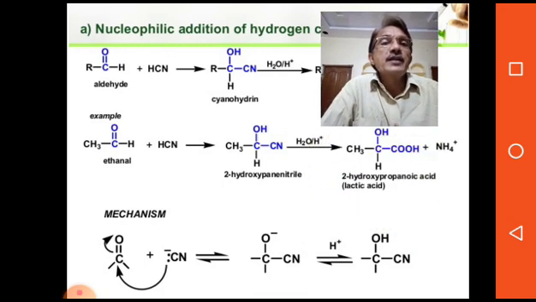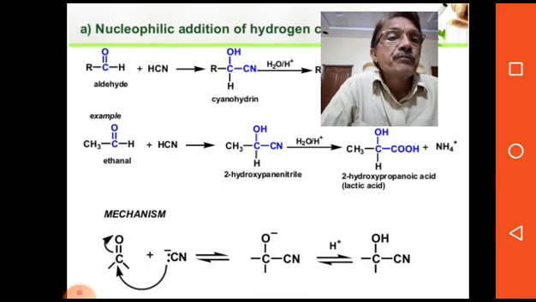Example, when ethanal reacts with hydrogen cyanide it forms cyanohydrin, that is 2-hydroxy propane nitrile.